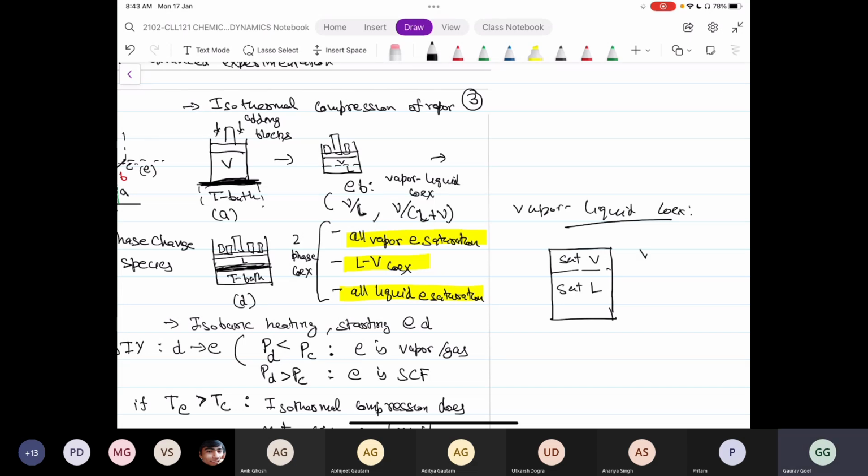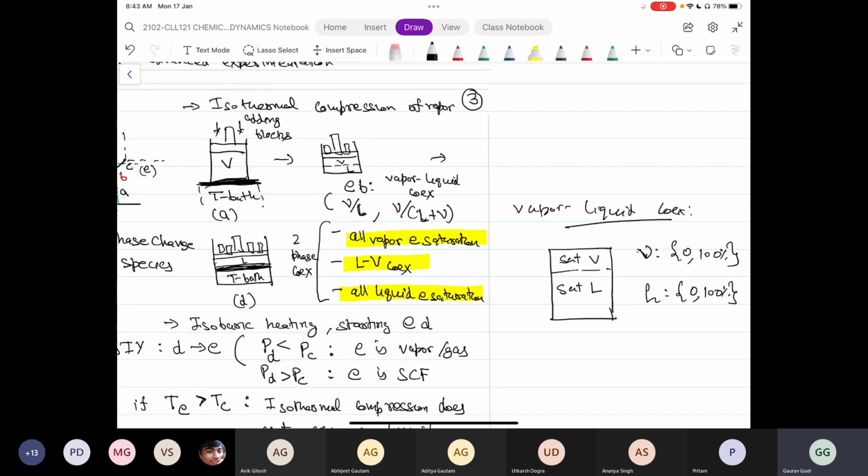And now the amount of this vapor, which we are representing by this curved quantity, can be anywhere from 0 to 100%. And the amount of your liquid can be anywhere from 0 to 100% in terms of the volume occupied. If you're doing it in terms of fraction, then it will be 0 to 1.